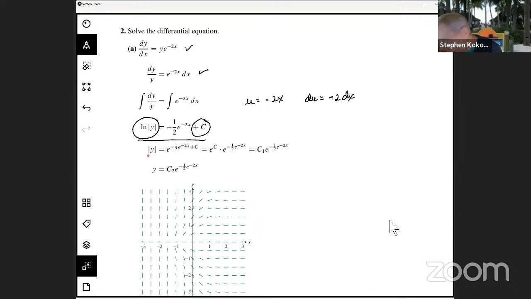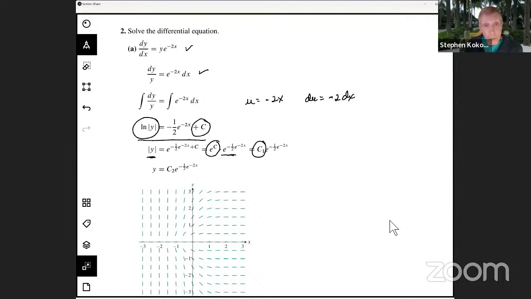On the left-hand side, e and log are inverse functions, so I'm left with the absolute value of y. On the right-hand side, that expression, minus 1/2 e to the minus 2x plus c, is all in the exponent. I'm going to use some properties of exponents so that I've got an e to the c times this expression. And e to the c, I will just call a different constant, c1.